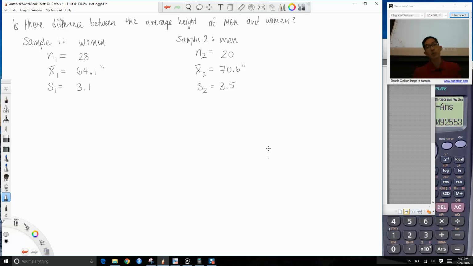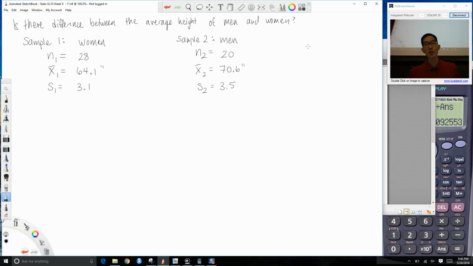I would probably write it out, but for the interest of time, I'm going to say it like this. But it would not be hard to write this out, right? It would say you looked at a sample of 28 women, the average height of those women was 64.1 inches with a standard deviation of 3.1 inches. It's just now in sentence form.